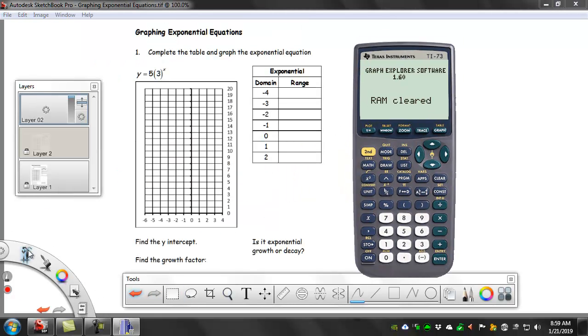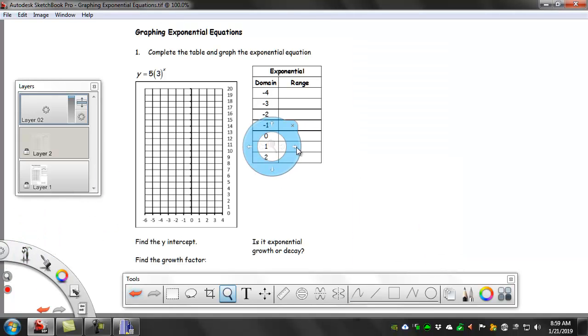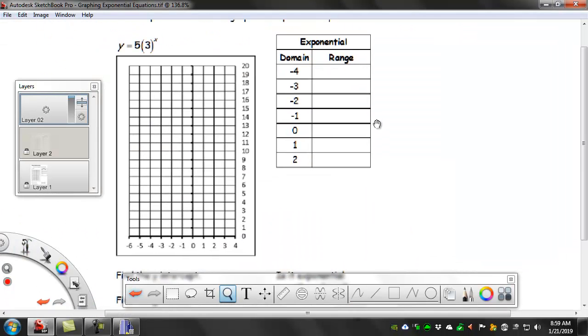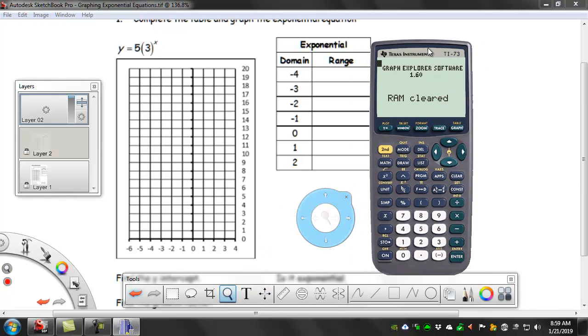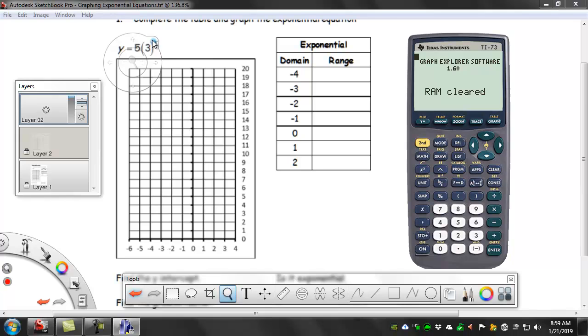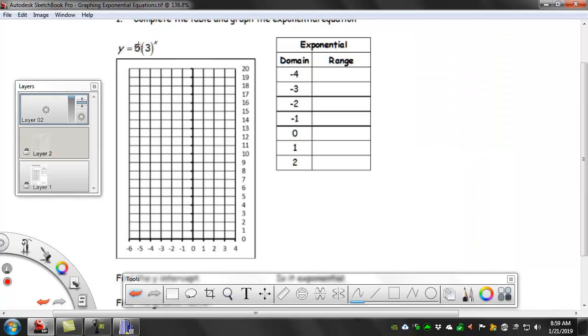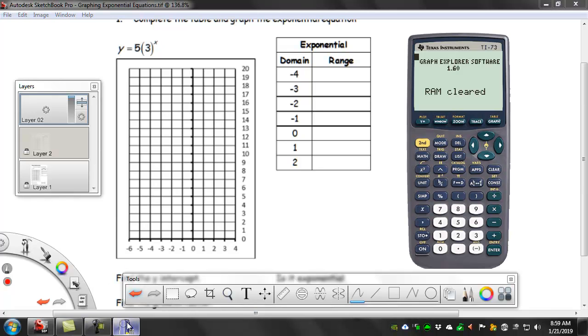Welcome students. In the next part of this video, we'll be graphing the equation that we started with here, and so we need to get out our calculator, and we know we'll be graphing y equals 5 times 3 raised to the x power. And again, we start by creating ourselves a table.